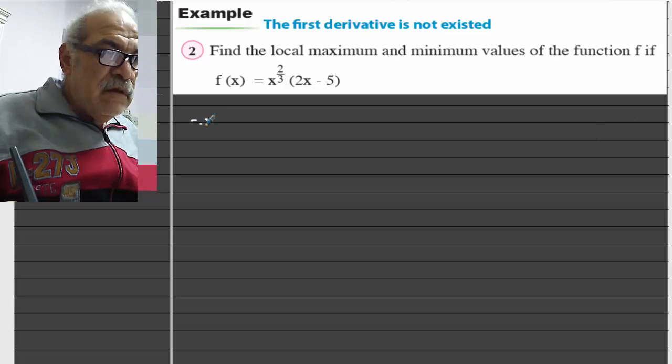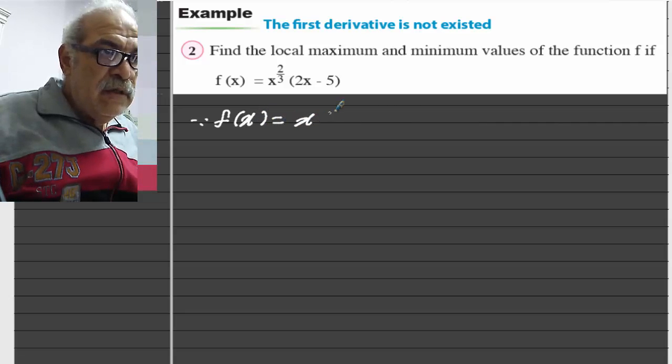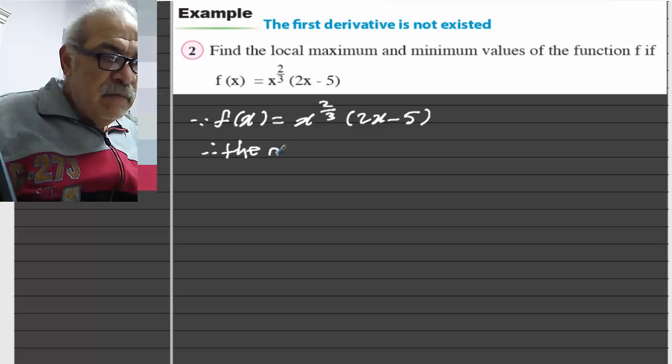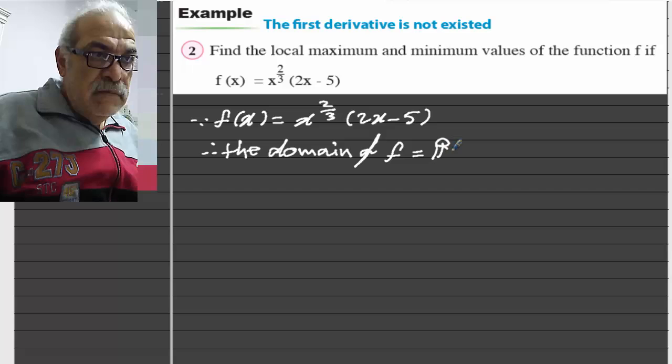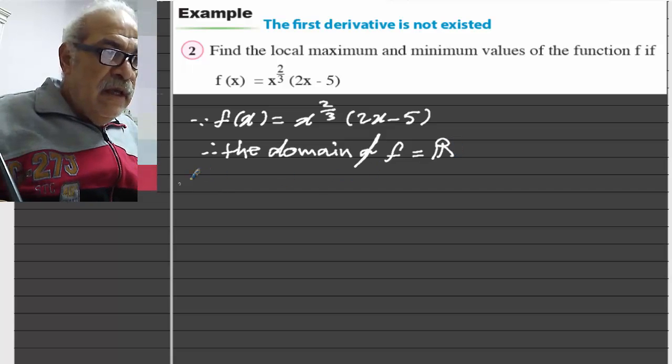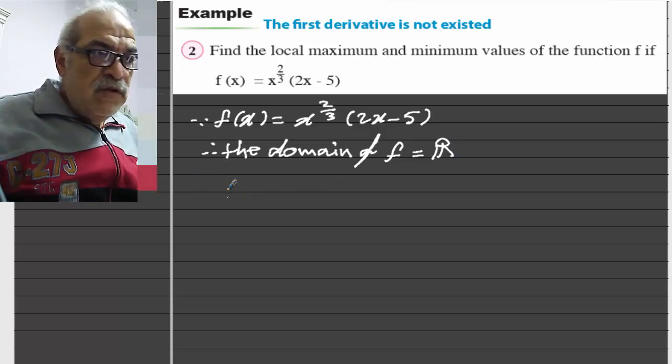So since f of x equals x power 2 over 3 multiply 2x minus 5, then the domain of f equals R, and we will find f dash of x.